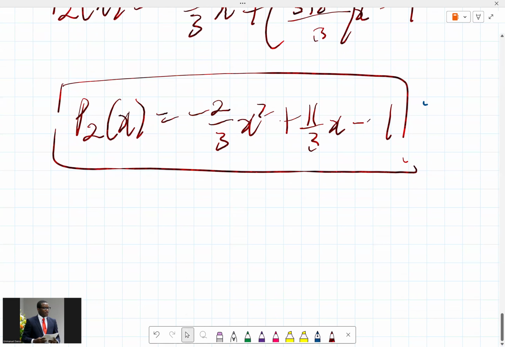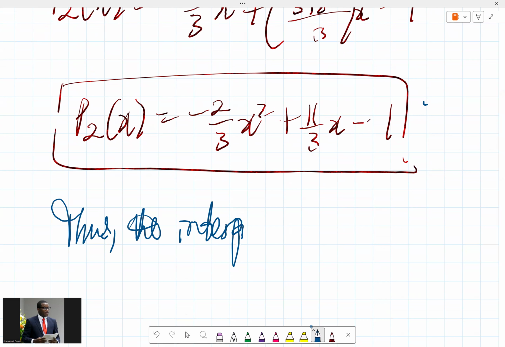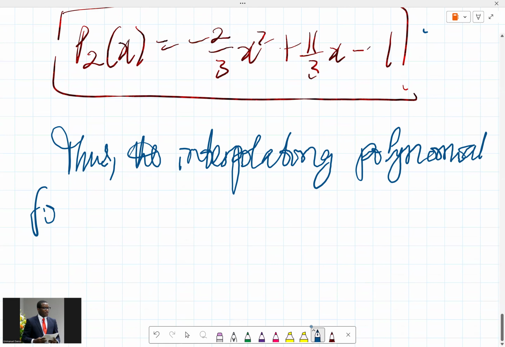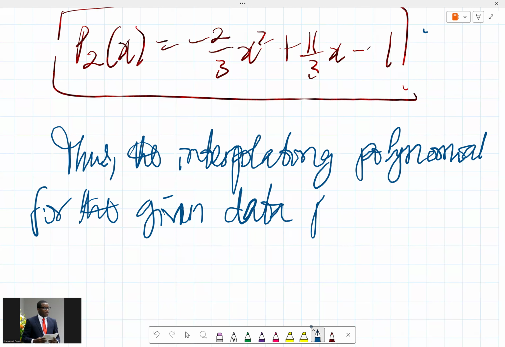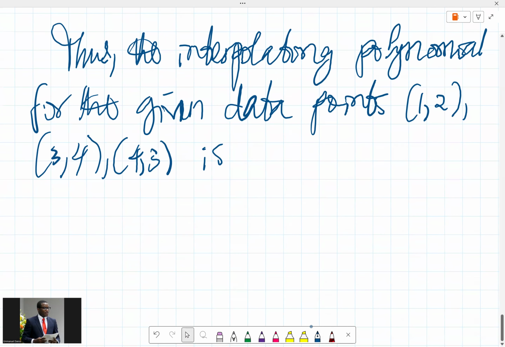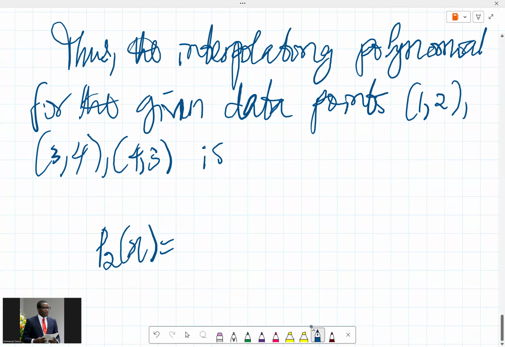So we can say, thus, the interpolating polynomial for the given data points 1, 2, 3, 4, 4, 3, is the second order polynomial P2 of x equals minus 2 over 3 x squared plus 11 over 3x minus 1.